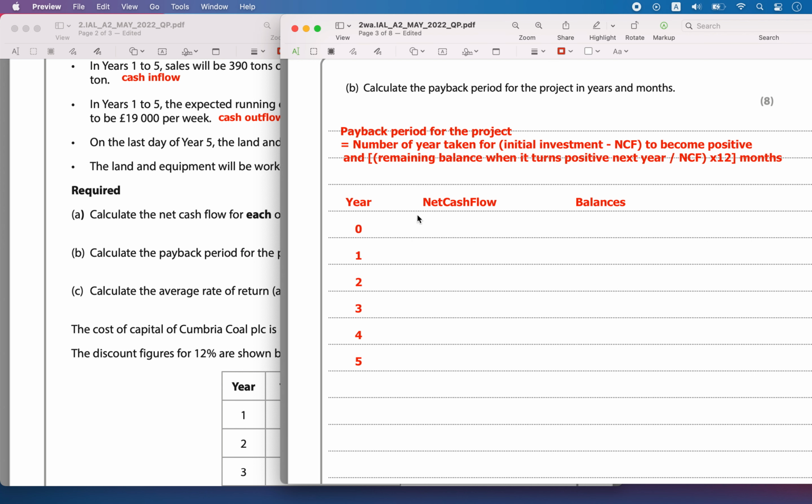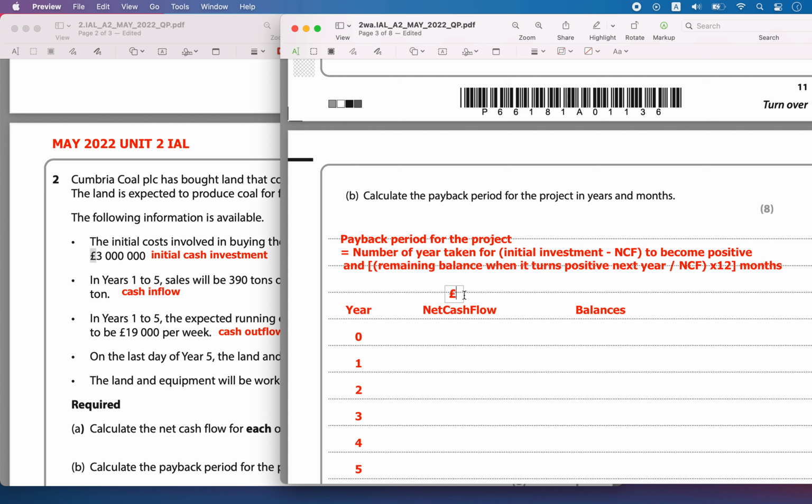So the initial investment was 3 million pounds. Let's write 3 million pounds. You have to name the units you are calculating, so everything is in pounds, and I indicate that.